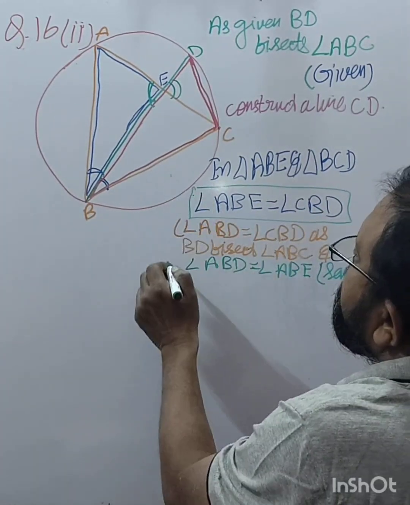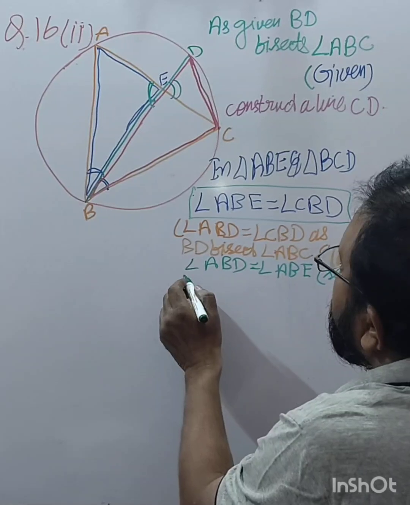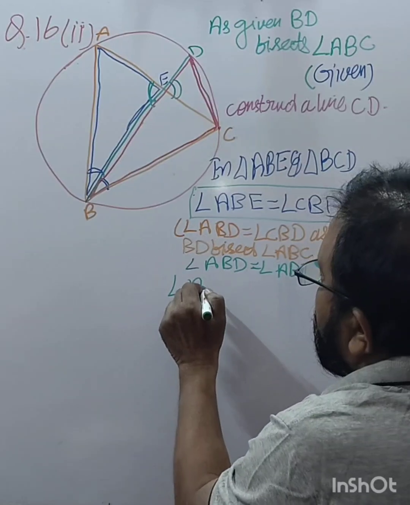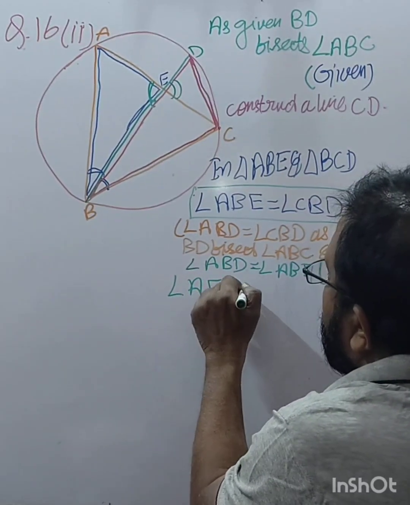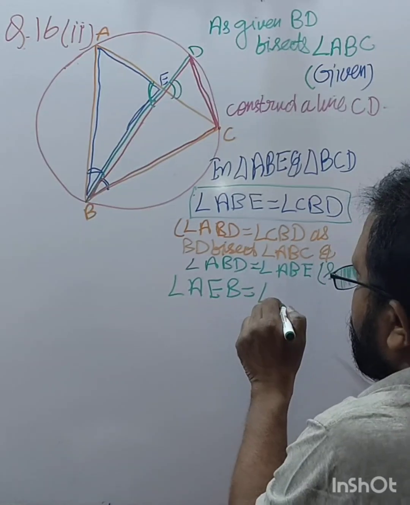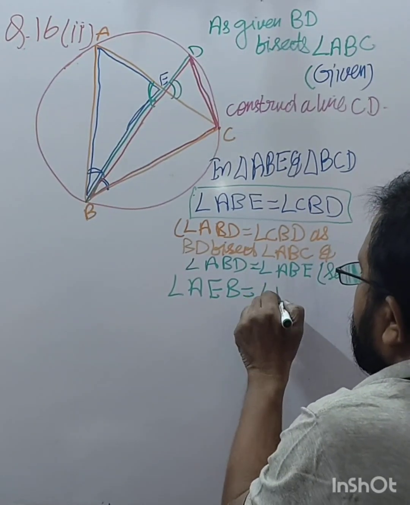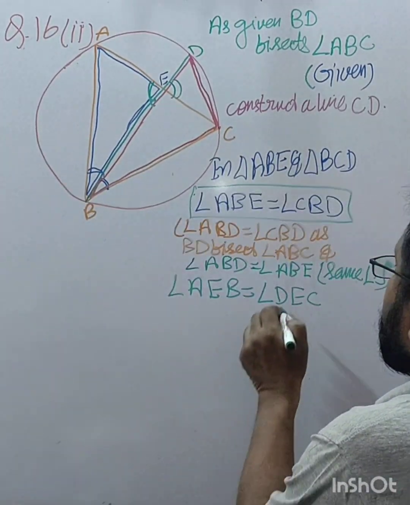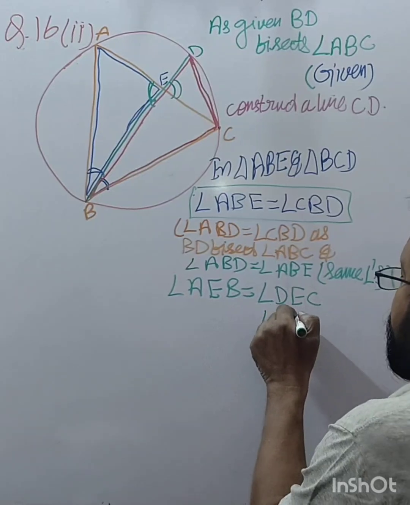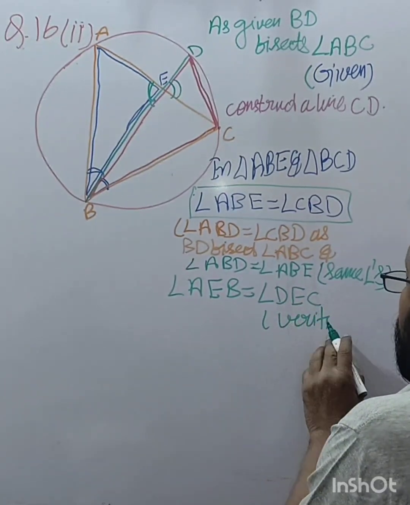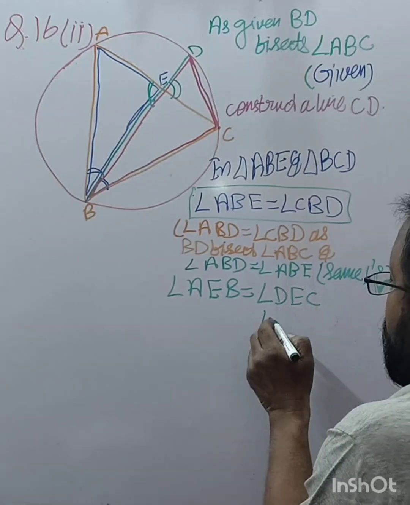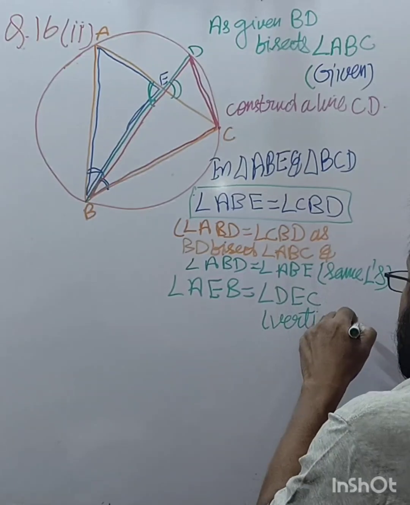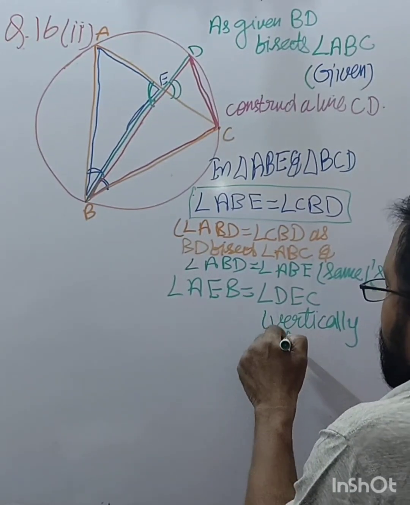First is this, and second, angle AEB is equal to angle DEC, right? They are vertically opposite.